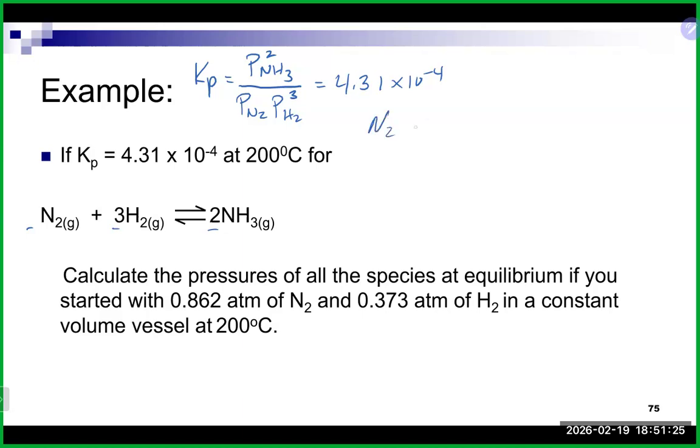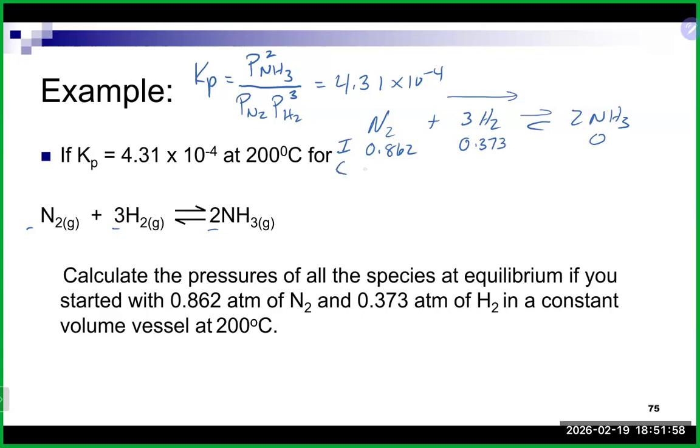N2 plus H2, going to 2NH3. Initially in terms of pressures, we have 0.862 atmospheres and 0.373. And again, just like in concentrations, we can assume 0 on the product side since nothing was mentioned. That also tells us, just like earlier, this reaction has to go in the forward direction because we have no products.